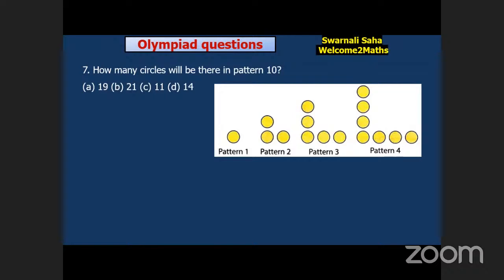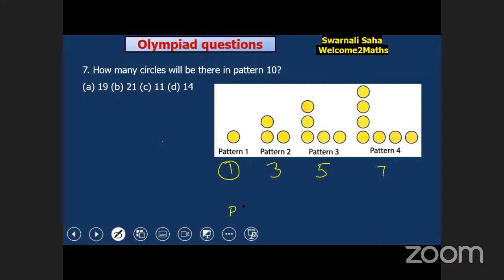Okay, let's check this. You see in pattern 1, there is 1 circle. Pattern 2, there are 3 circles. Pattern 3, there are 5 circles. In pattern 4, 7 circles. So that means in pattern 5, there would be 9 circles.